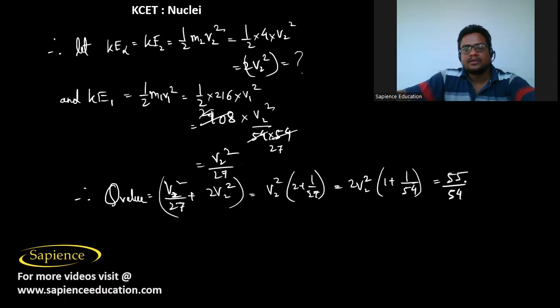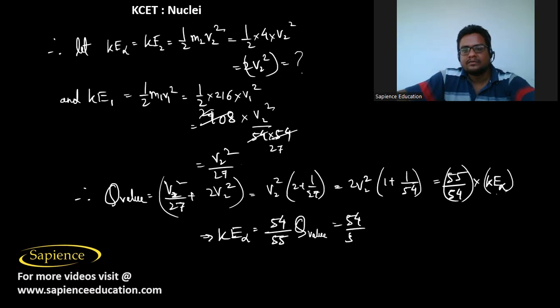So this is 55 by 54 times 2V2 square, and 2V2 square is the kinetic energy of the alpha particle, which you have to find. So therefore kinetic energy of the alpha particle is 54 by 55 times the Q value, which is 5.5 mega electron volt.